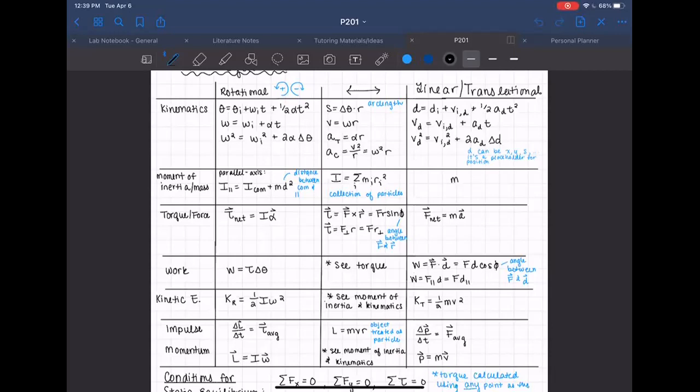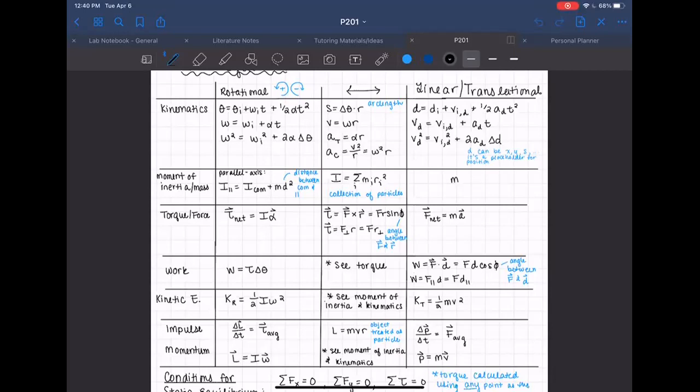For moment of inertia and mass, as far as rotational and linear stuff, it's more so just the variables that change. Of course, to get moment of inertia, we have to get it from mass and also where the mass is distributed. So I put the equation for if you have a collection of particles, or if you're in the case where you can treat your masses as a collection of particles.